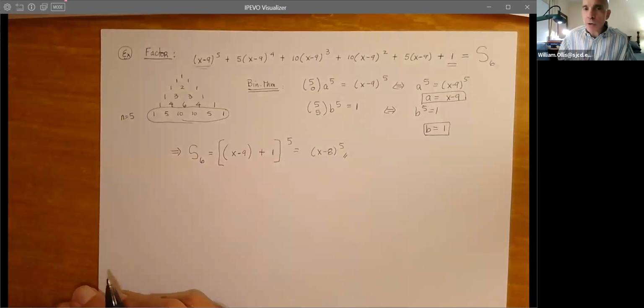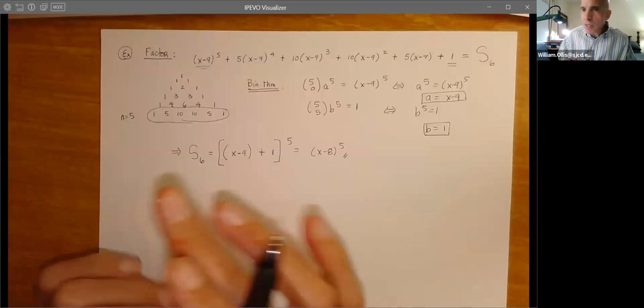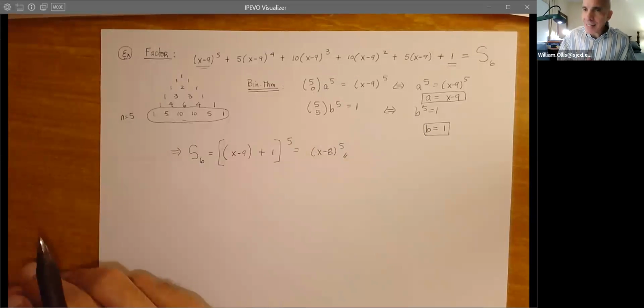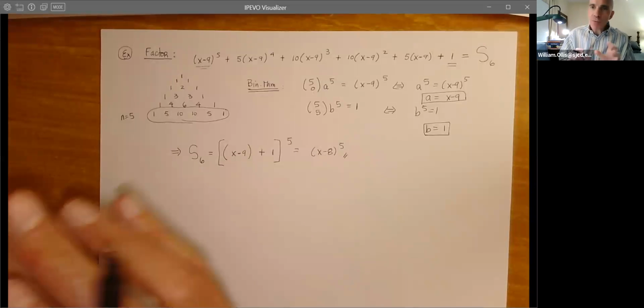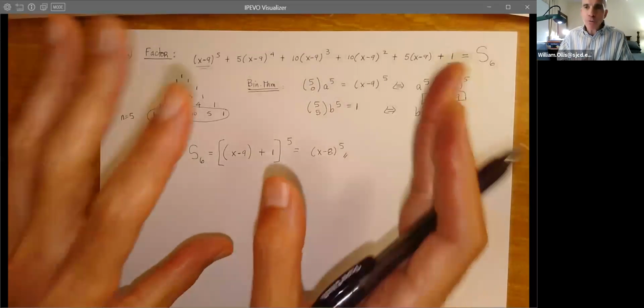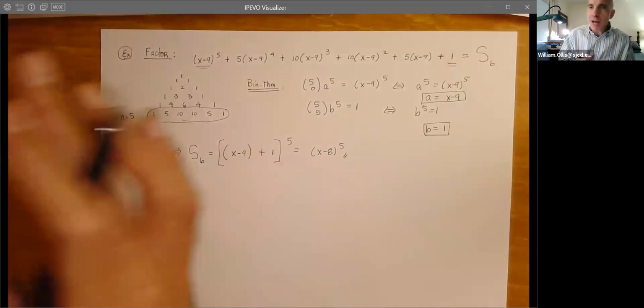So the idea here is that sometimes we can take a result and work it backwards, kind of like factoring identities. Sometimes we go from the factored form to the non-factored form, like the difference of squares, and vice versa.